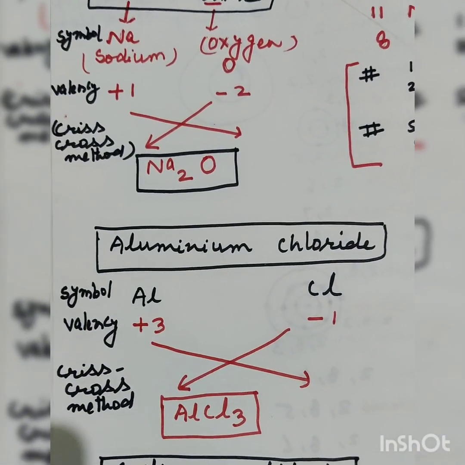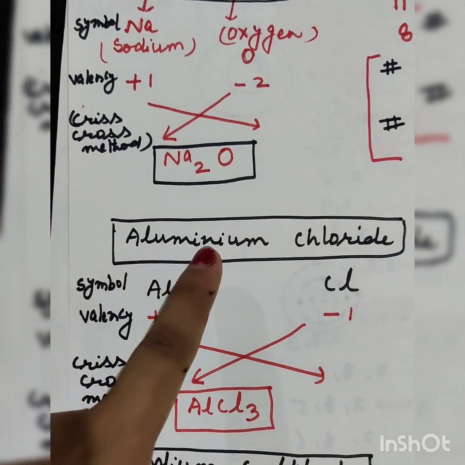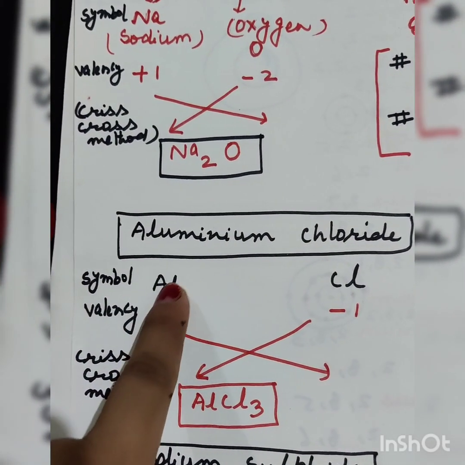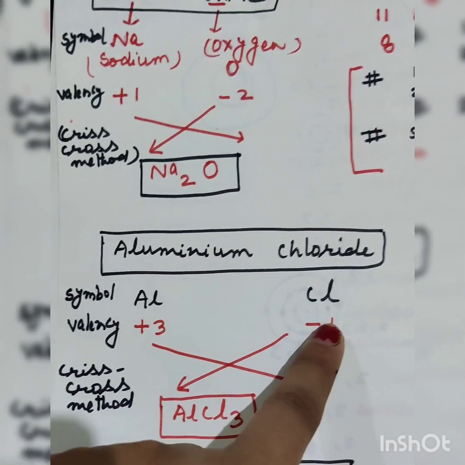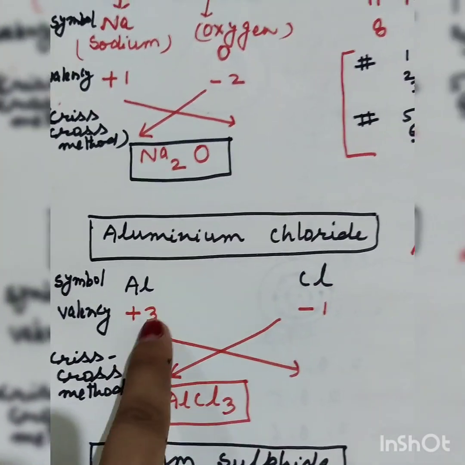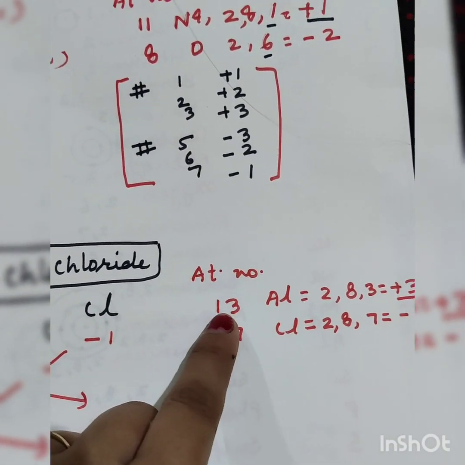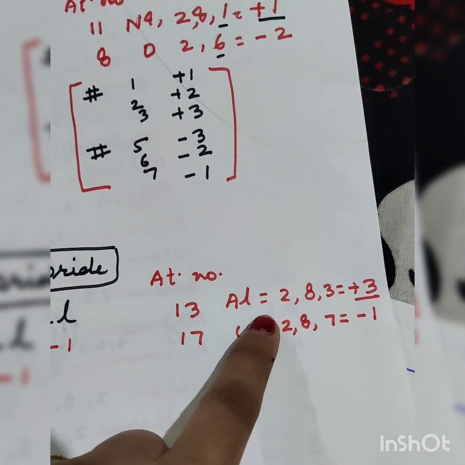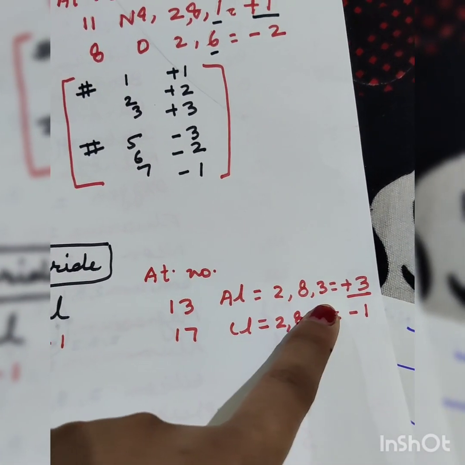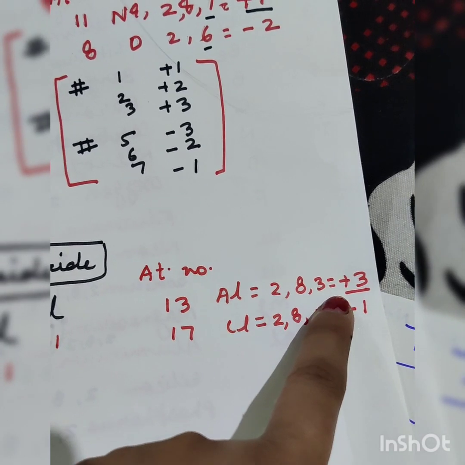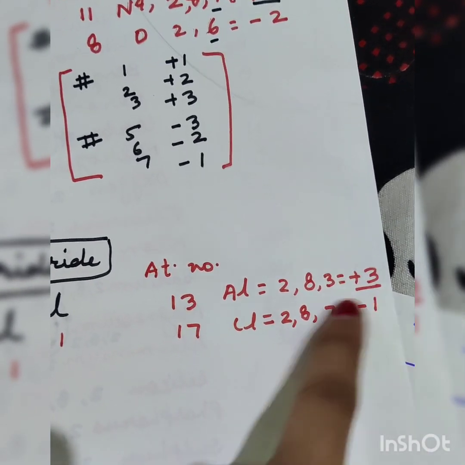Next one is aluminium chloride. Aluminium is represented with the symbol Al. Chloride is represented with the symbol Cl. Atomic number of aluminium is 13 and the distribution of electrons is 2, 8, 3. Hence, its valency will be +3.